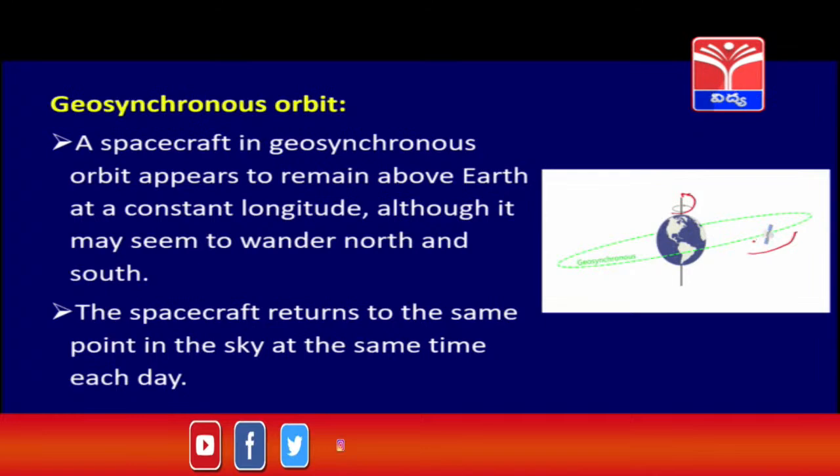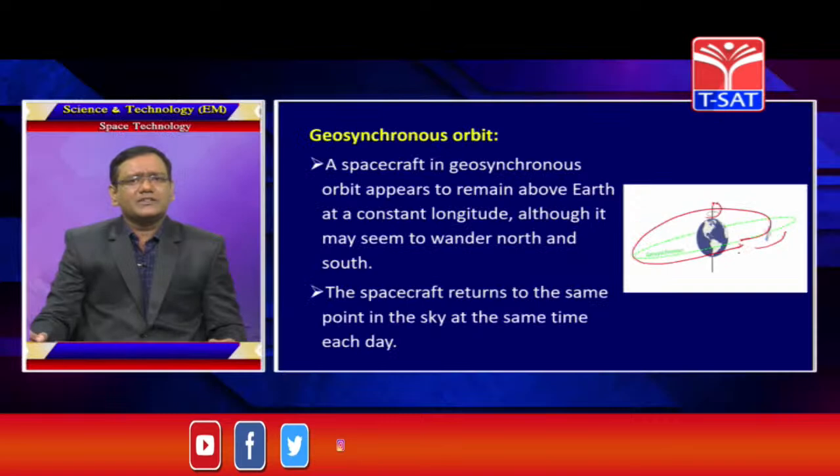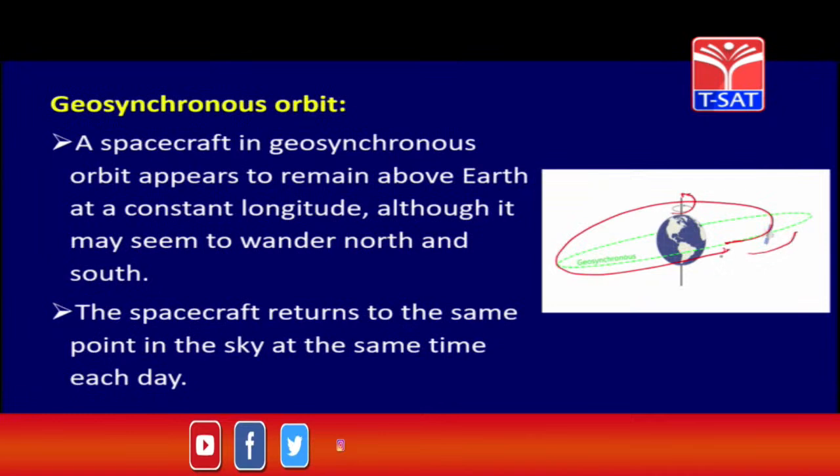the same time periods. Time period means the time required to move from one place and come again to the same place, in 360 degrees. So the time required to complete one full circle or one full cycle is called a time period.